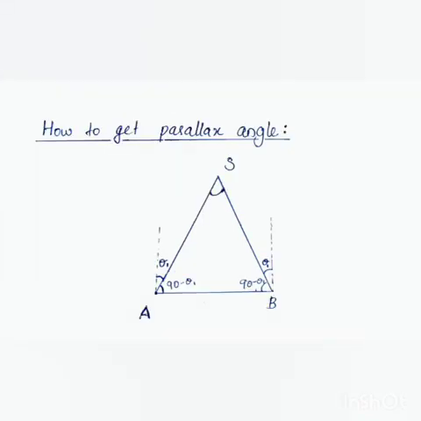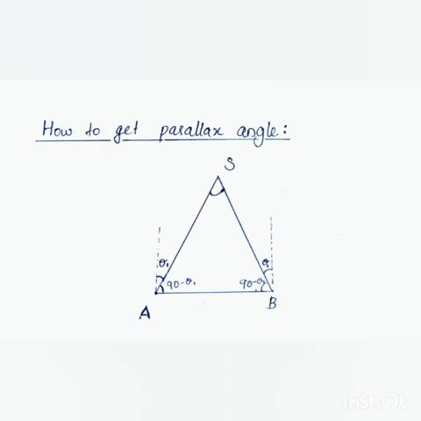Let us first know how to get the parallax angle. For that, we have to measure the angle theta 1 as marked in the diagram. That is the angle made by the observatory while we are doing the observation. So at the point of observation, the observatory makes angle theta 1 with the normal.